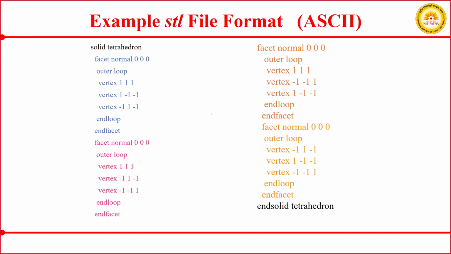Okay, so let me show one example of a tetrahedron. Here you have these 7 lines: 1, 2, 3, 4, 5, 6, 7. These 7 lines will be repeated for the different triangular surfaces.